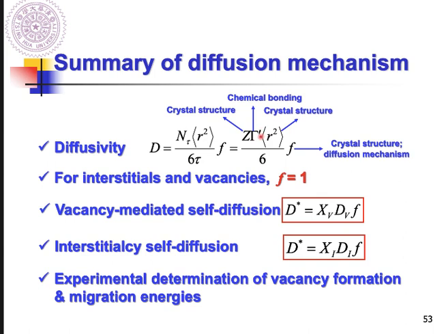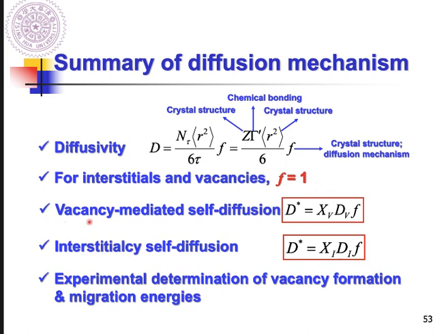The total jump rate can be considered as Z, the coordination number, times the atomic jump rate along one direction. The small r is correlated with the crystal structure, related to the lattice constants a, b, c. And for interstitial and vacancy mechanisms, the correlation factor f equals 1.